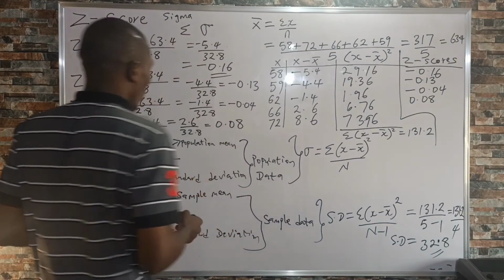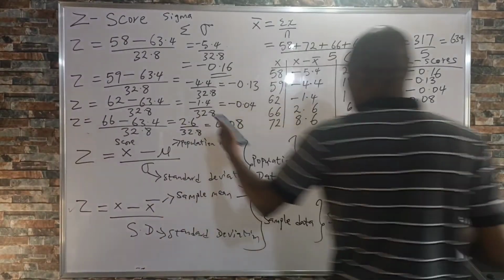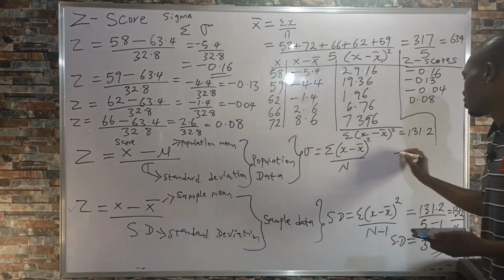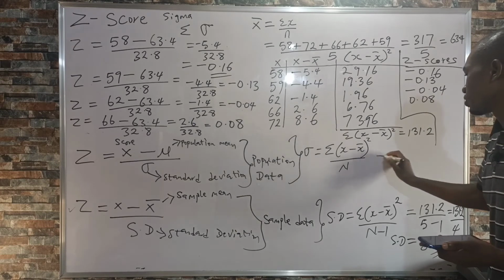Let's go for the last one. Let me compute it here because of space. So we have 72. That is the last z-score.